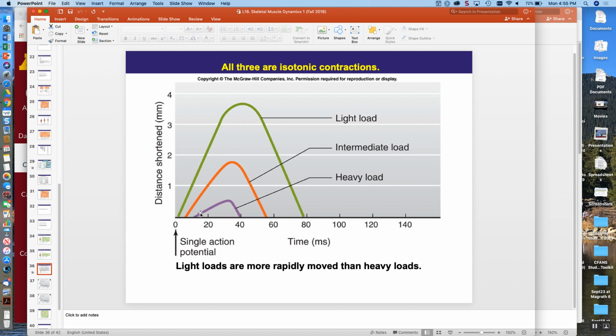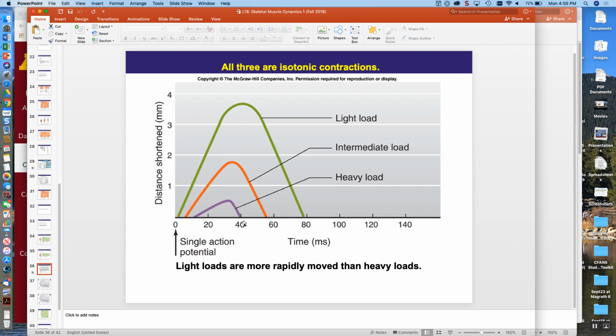And then if you attach a very heavy weight to that muscle and you stimulate it, it just picks it up a little bit and puts it back down. All right? Yes? When you say it has a weight and it gets stimulated, what is the stimulation? Is there a natural occurrence, or is this all in a lab?